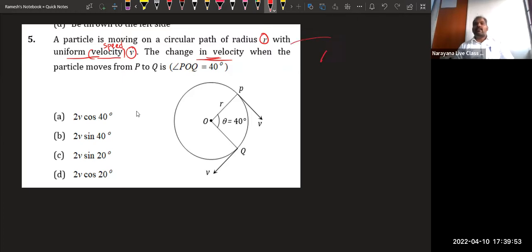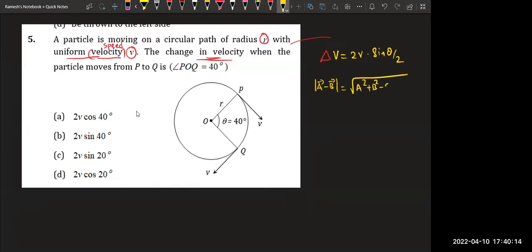Change in velocity is given by 2v sine of theta by 2. Did you remember? What is the change in velocity? Subtraction only, na? What is the magnitude of vector a minus vector b? Under root of a square plus b square minus 2ab cos theta. Shabash.